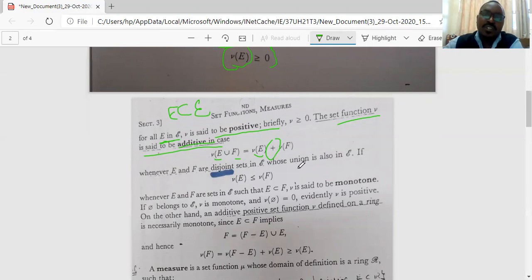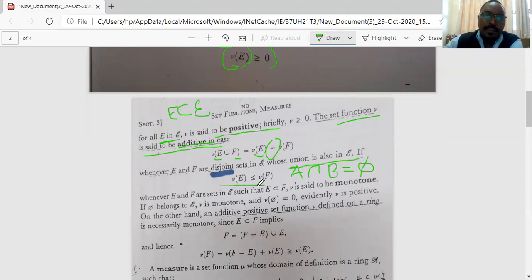Two sets A and B are disjoint if their intersection is empty. Then we say those two sets are indeed disjoint. So E and F are disjoint sets in E, whose union is also in E.